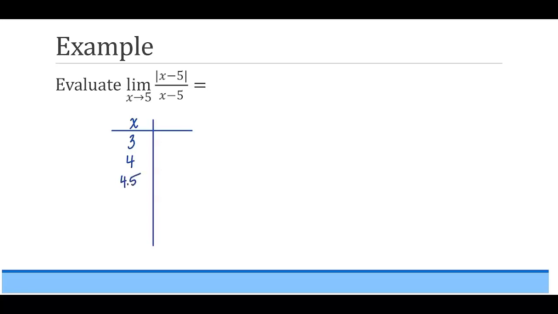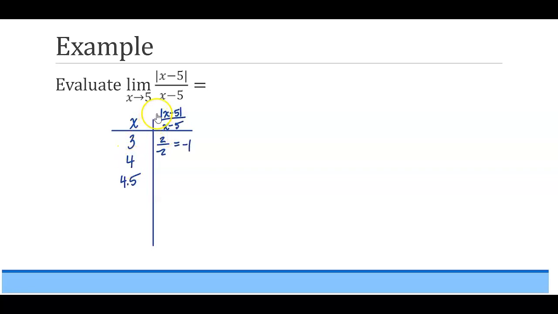So if I substitute in 3, the absolute value of 3 minus 5 is the absolute value of negative 2, which is just 2. And in the denominator, I have just regular old 3 minus 5, so that is negative 2. So I have positive 2 over negative 2, so I end up with negative 1.